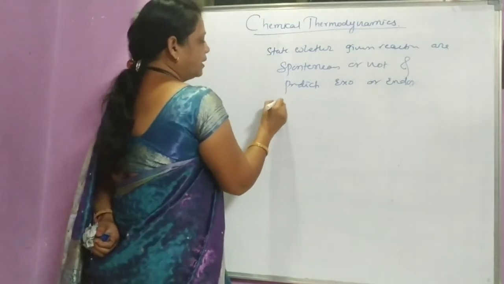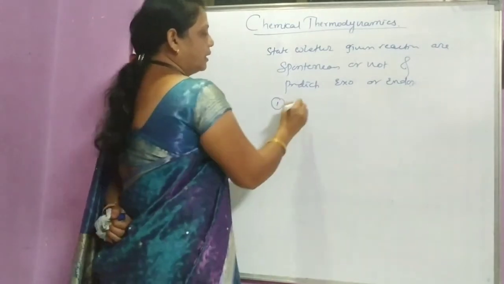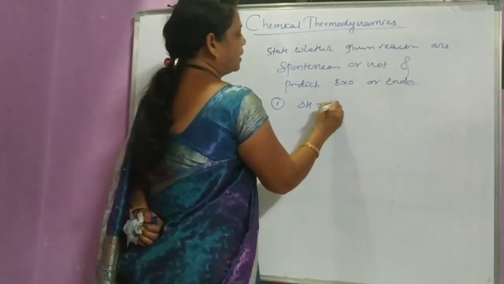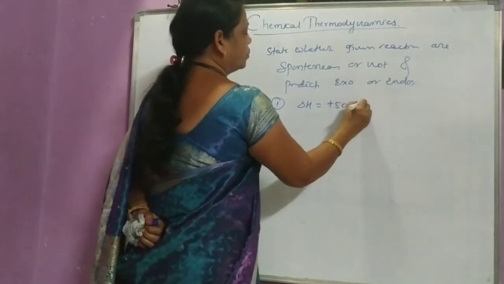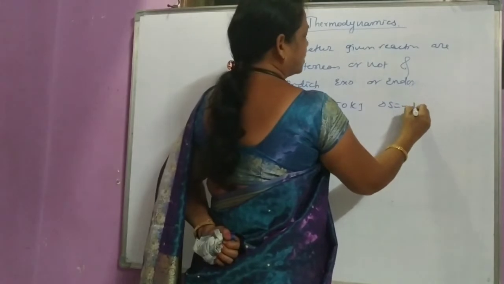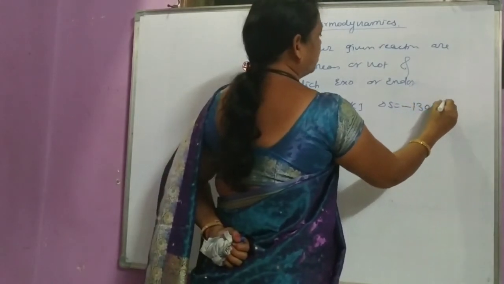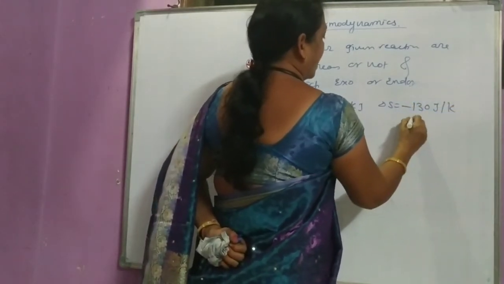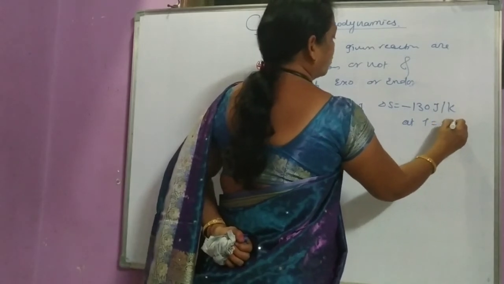For the following: first, del H is equal to plus 50 kilojoule and del S is equal to minus 130 joule per Kelvin at temperature 400 Kelvin.